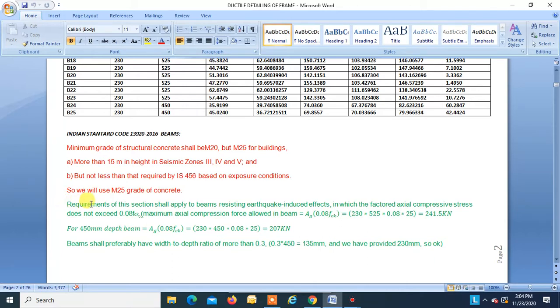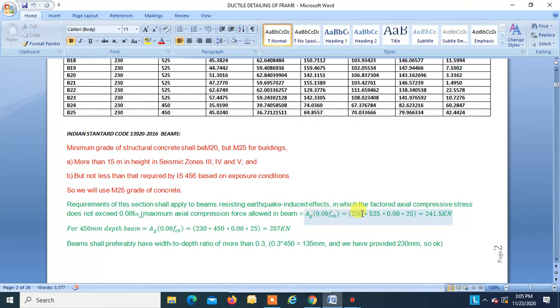Requirements of this section shall apply to beams resisting earthquake induced effect in which the factored axial compressive stress does not exceed 0.08 fck. If the member has to be designed as a flexure member, the compressive stress should not exceed 0.08 fck. That is, the maximum axial compression force allowed in the beam is the gross area of the beam section times 0.08 fck.